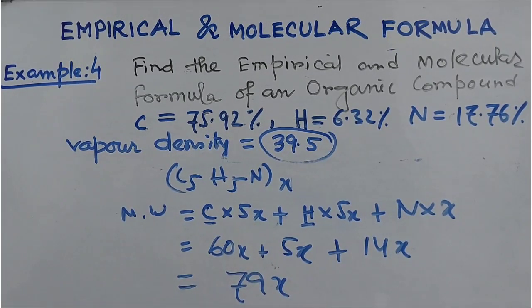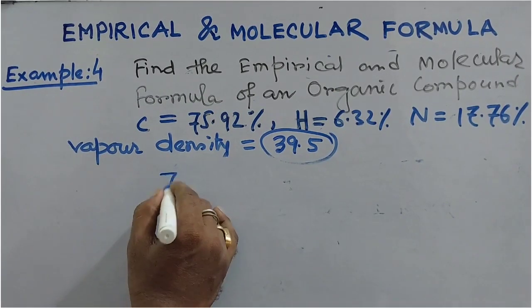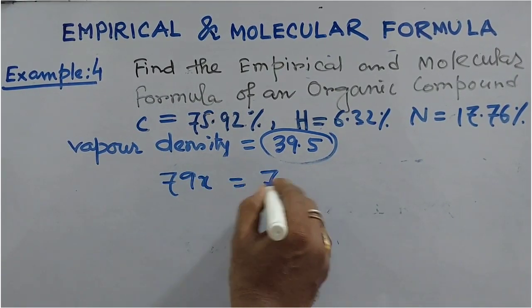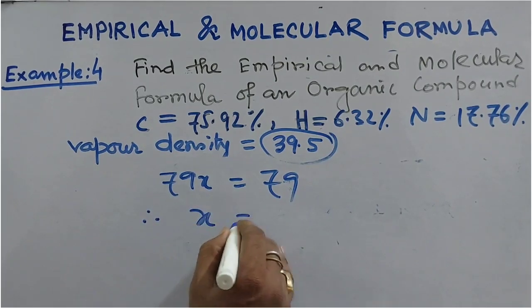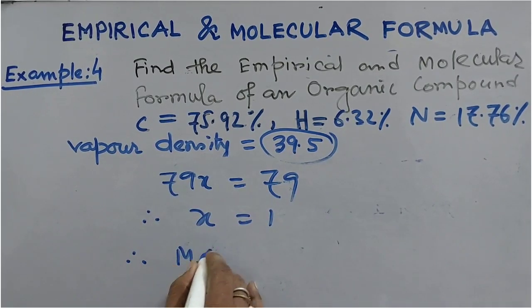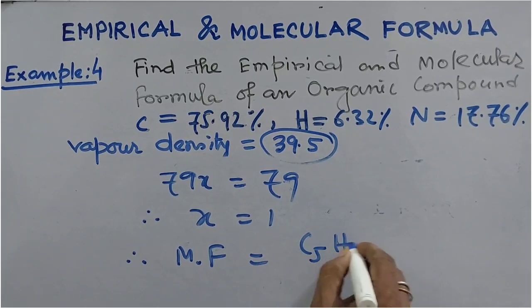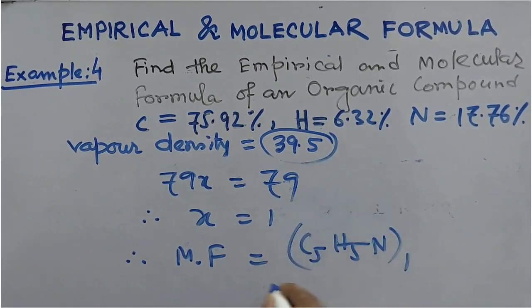Therefore, we can write 79X equals 79. Therefore, X equals 1. Therefore, the molecular formula will be (C5H5N) whole suffix 1, that is C5H5N.